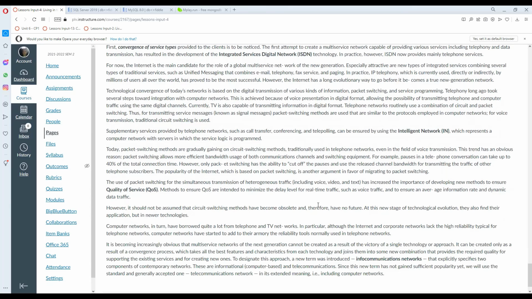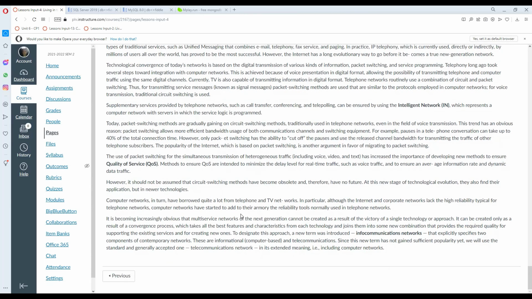Supplementary services provided by telephone networks, such as call transfer, conferencing, and telephony, can be ensured by using the intelligent network, which represents a computer network with servers in which the service logic is programmed. The use of packet switching for the simultaneous transmission of heterogeneous traffic, which includes voice, video, and text, has increased the importance of developing new methods to ensure quality of service.